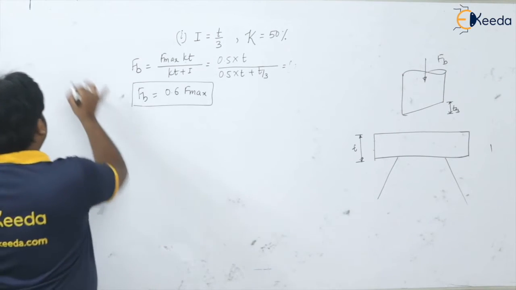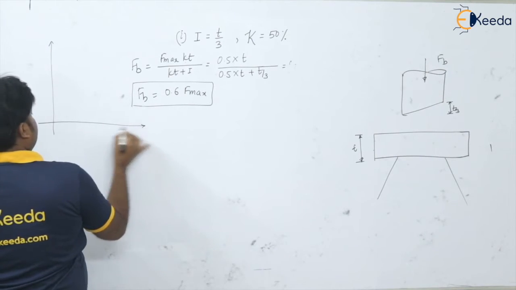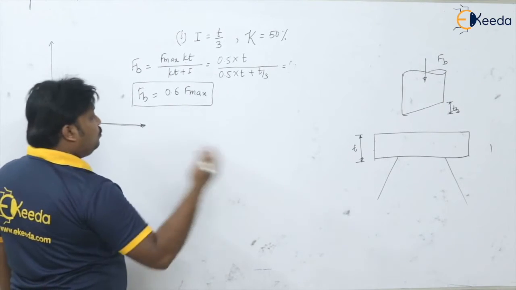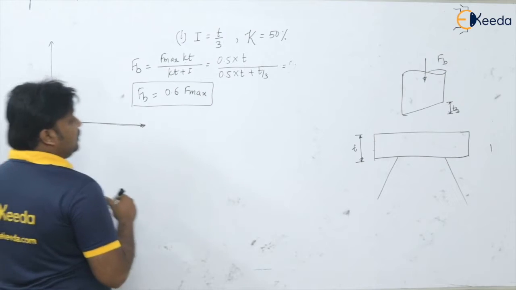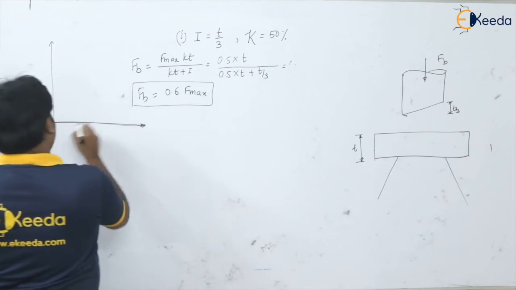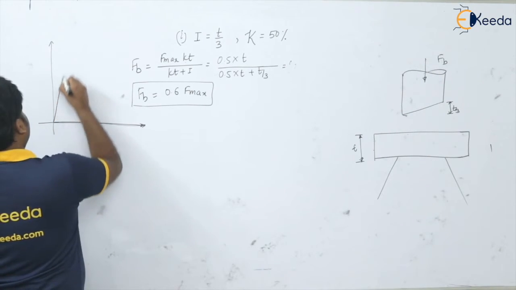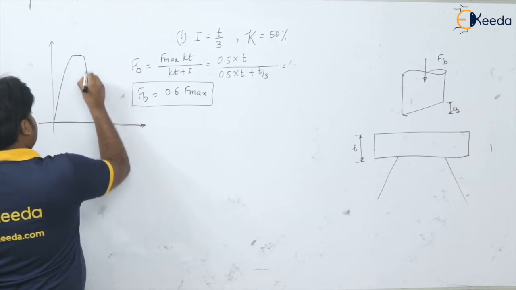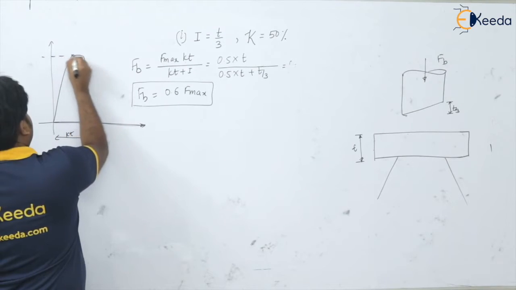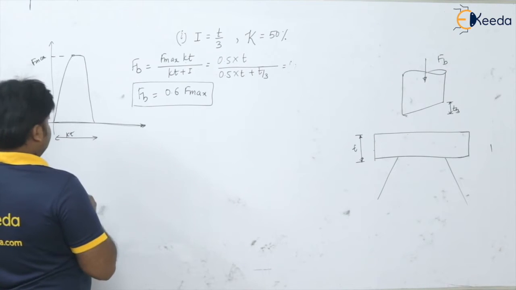So if I plot this force or load versus the punch travel, initially there was no shear, so the punch travel was how much? The KT only, isn't it? So for KT you have the maximum force, say like this, and this was the maximum force. Now what happened?